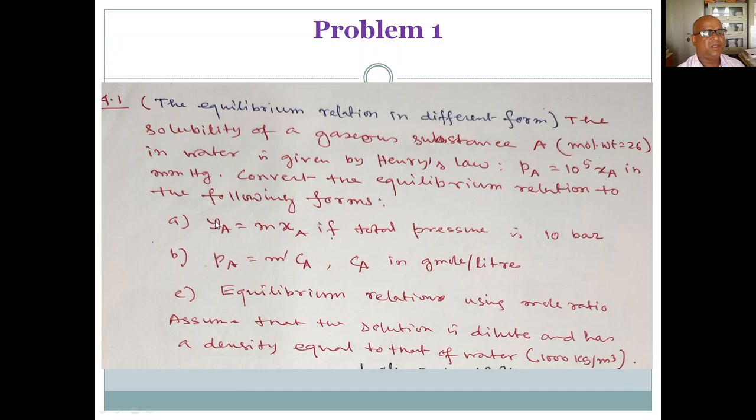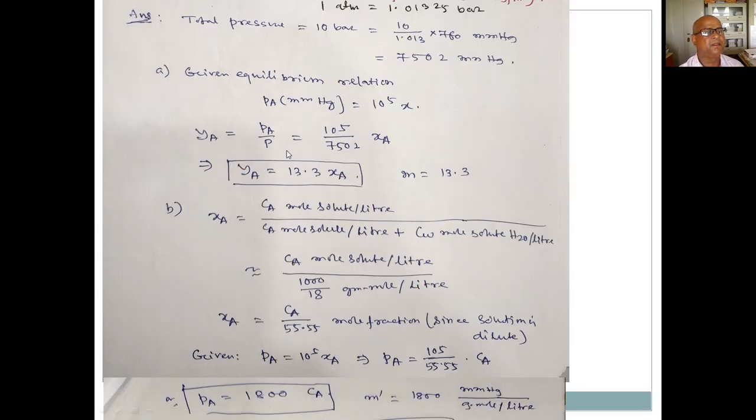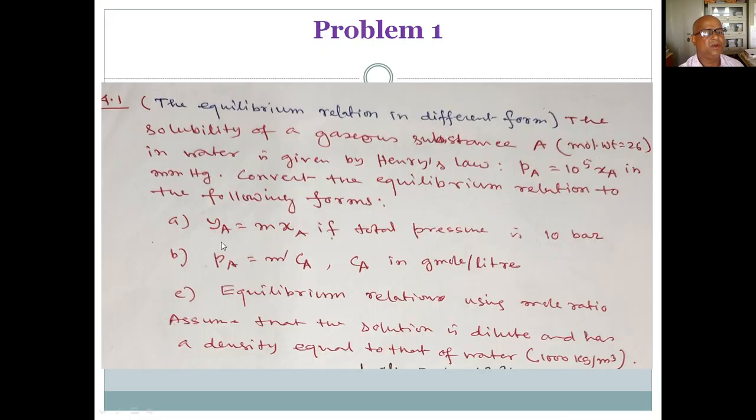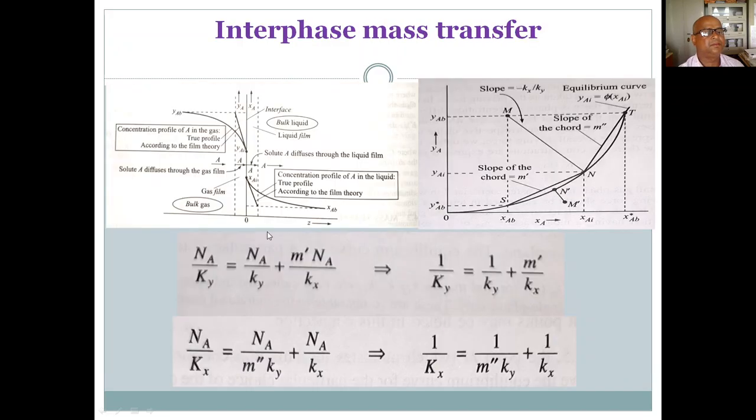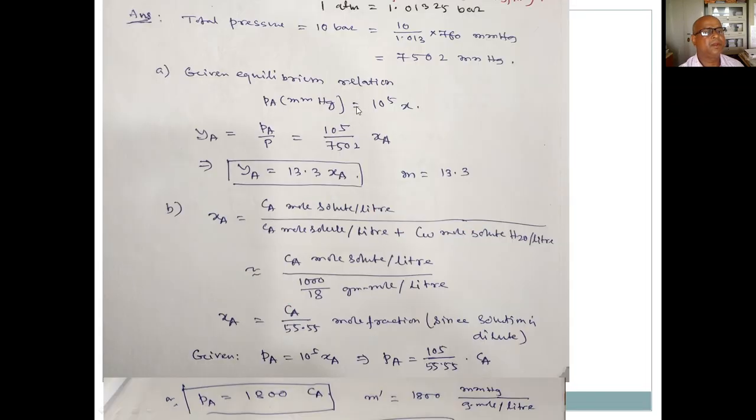So let's see the first one, A. What is the total pressure? Y equals m XA if the total pressure is 10 bar. If 10 bar is the pressure, then what will be its Henry constant M? Now we know 1 atmosphere equals 1.01325 bar.